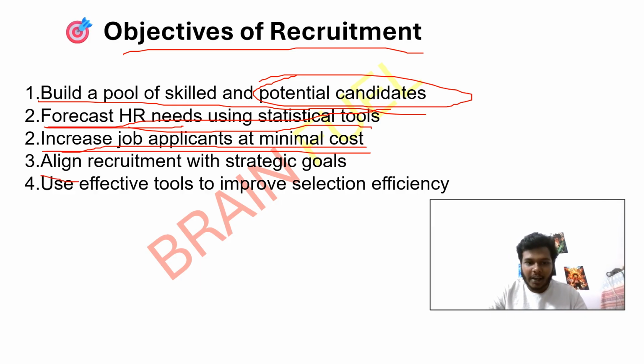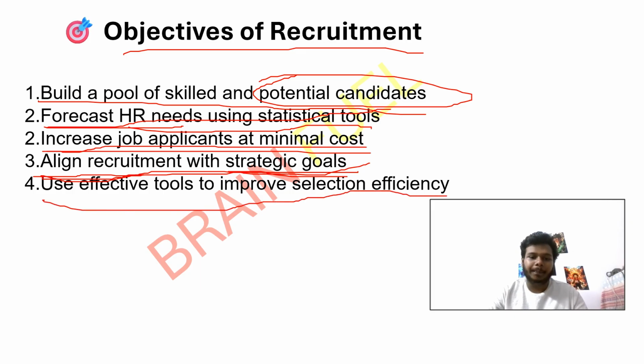Coming to align recruitment with strategic goals. So, if you have a strategic goal of 300 employees, you have to align the recruitment with the strategic goals. Use effective tools and improve selection efficiency.